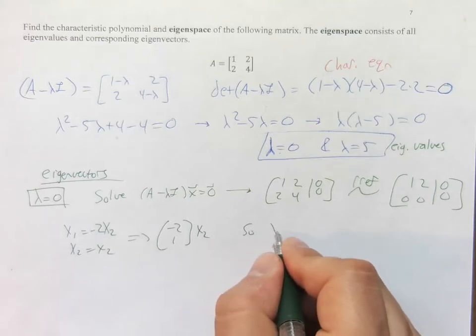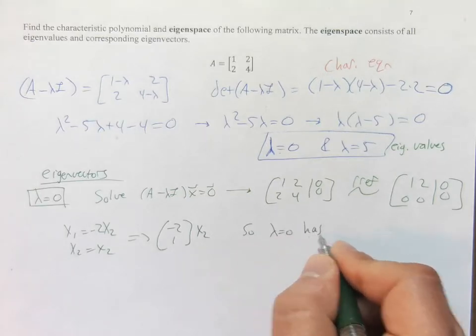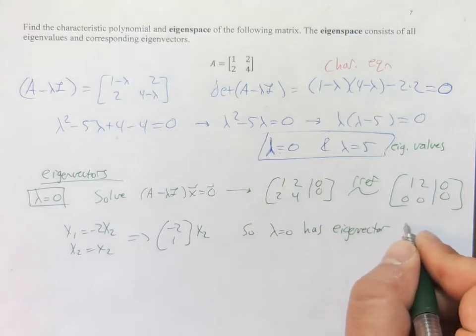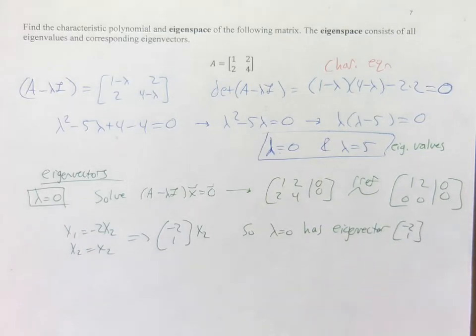And so that means lambda equals 0 has eigenvector minus 2, 1. It's interesting, lambda equals 0, so that means that Ax equals 0, because lambda x is going to be 0. And so that means this vector is also in the null space of A. Kind of an interesting thing there.